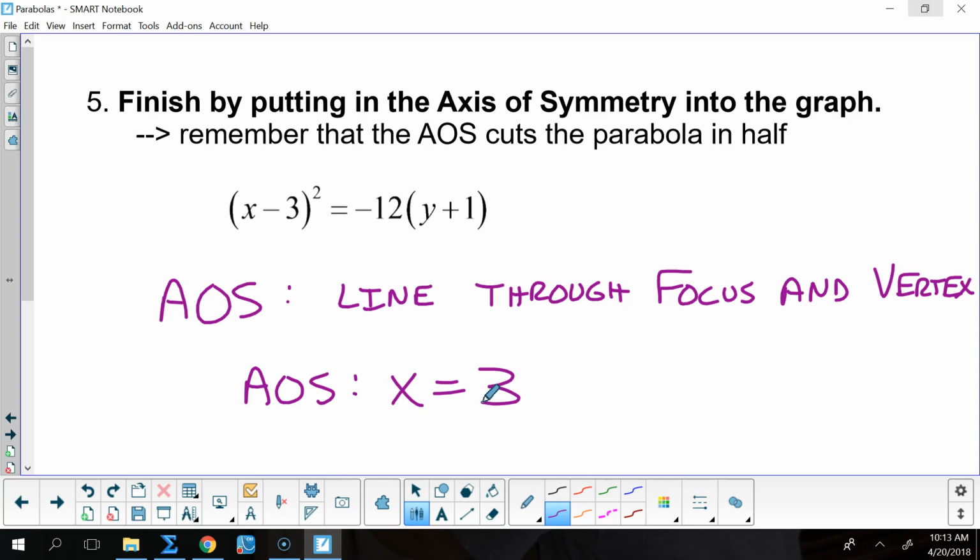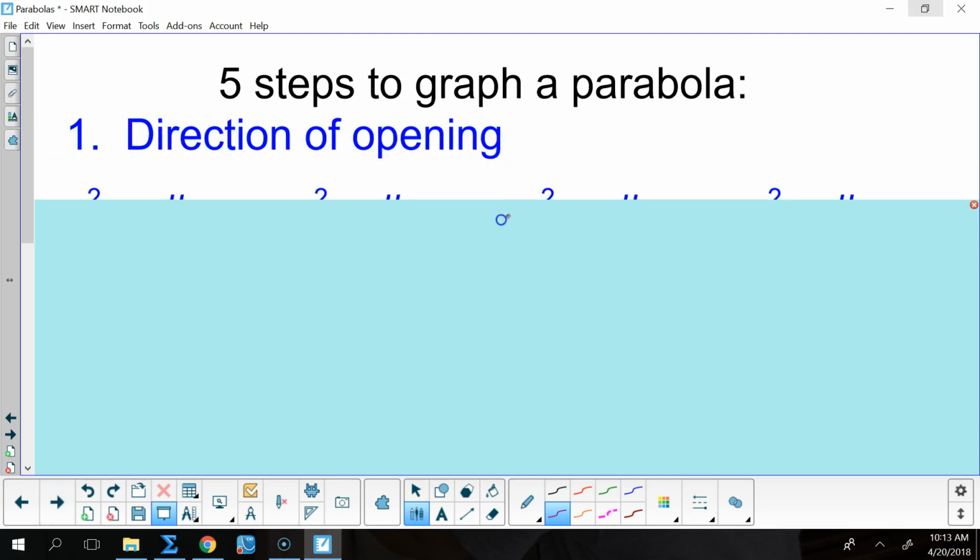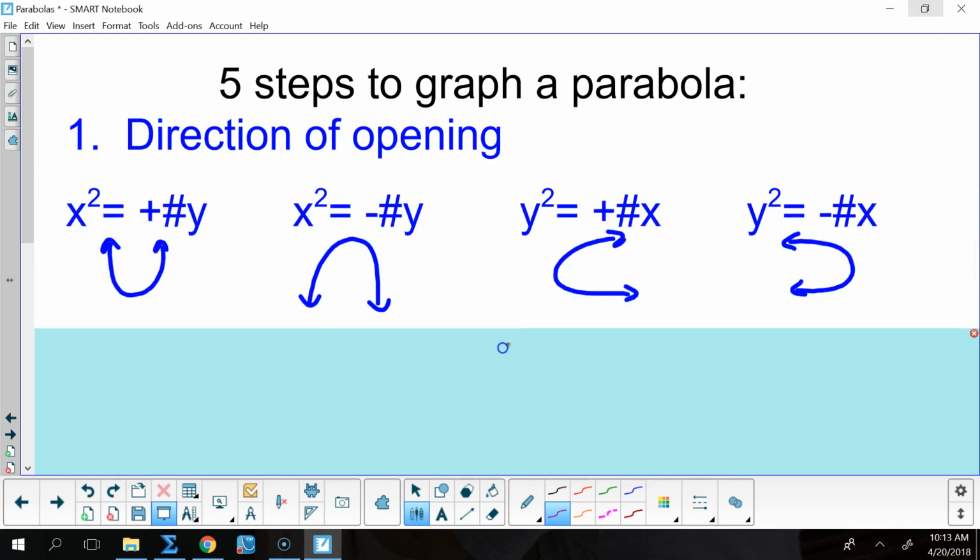Let's put all of that together now. Okay? So to recap, you have all of these written down, so you probably don't have to write them down again. I'm going to go through them a little quickly. First off, we find our direction of opening, depending upon what variable is squared and the positivity of our non-squared variable.